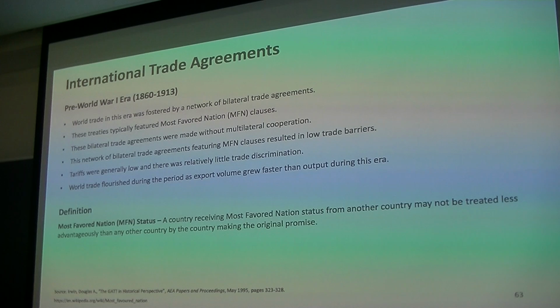We're talking about trade. An important part of understanding international trade is understanding how countries make arrangements to trade, because countries can keep trade from happening. They can keep goods inside of their country.